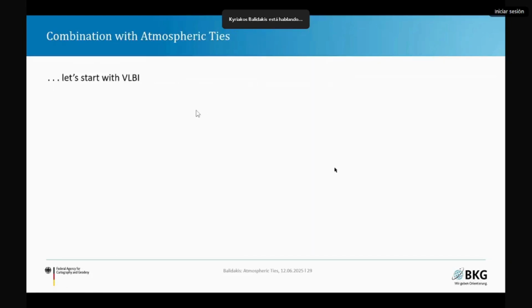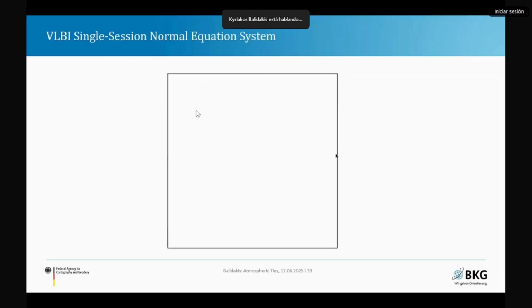And now a few words about atmospheric ties. I'm going to start with VLBI. In VLBI, very long baseline interferometry, we have stations on Earth, we observe extragalactic radio sources, and we want to estimate parameters. What do we estimate?